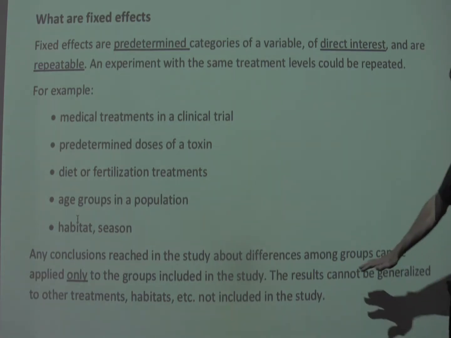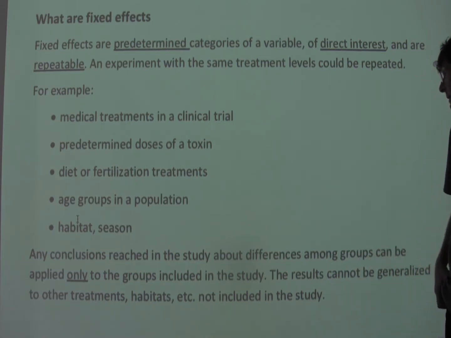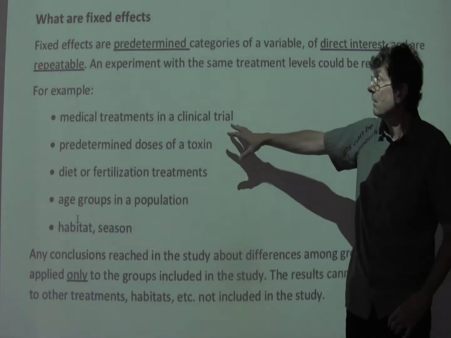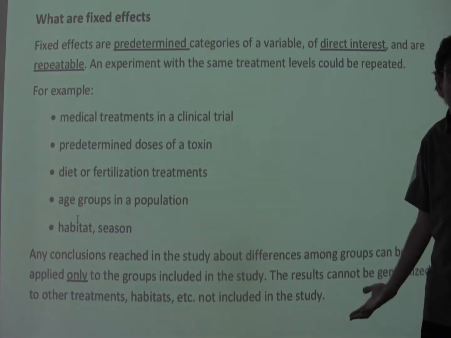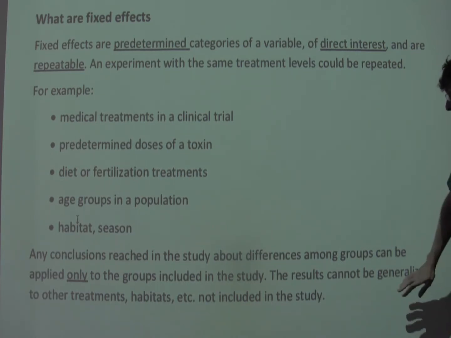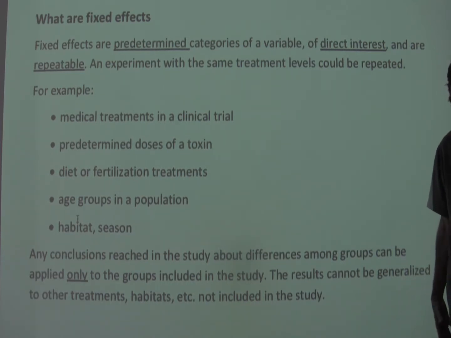And a feature of fixed effects is that anything that you learn from the experiment regarding those particular treatments apply to those particular treatments, and that's it. You can't really extend to treatments that were not included in the study.